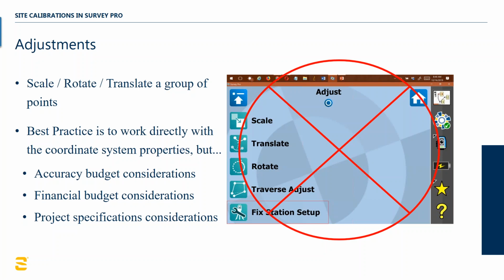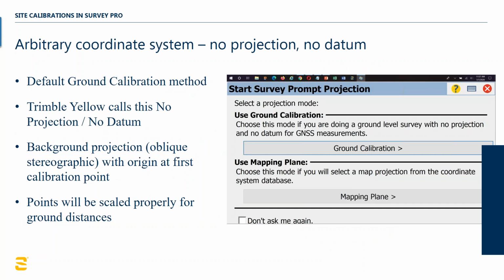That's its intent. Yeah, and really the gist of that is that when you take an observation, Survey Pro stores that observation as a vector and can recalculate the coordinates based on the original observation. So for example, if you add more calibration control points and resolve the calibration, all of your coordinates will be readjusted from their original observations.